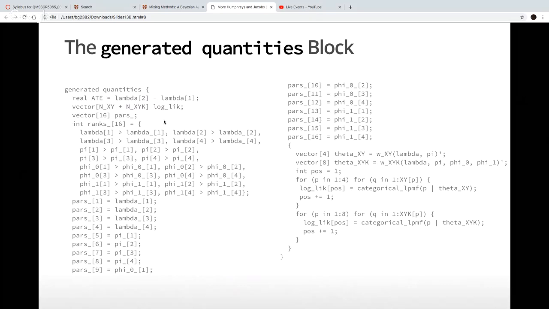I'm not sure if we've seen this yet, but if you want to do loo after you call rstan, then you need in the generated quantities block to define a vector called log_lik that contains the log likelihood contributions for each of the observations. In this case, it's observations from the prior predictive distribution.